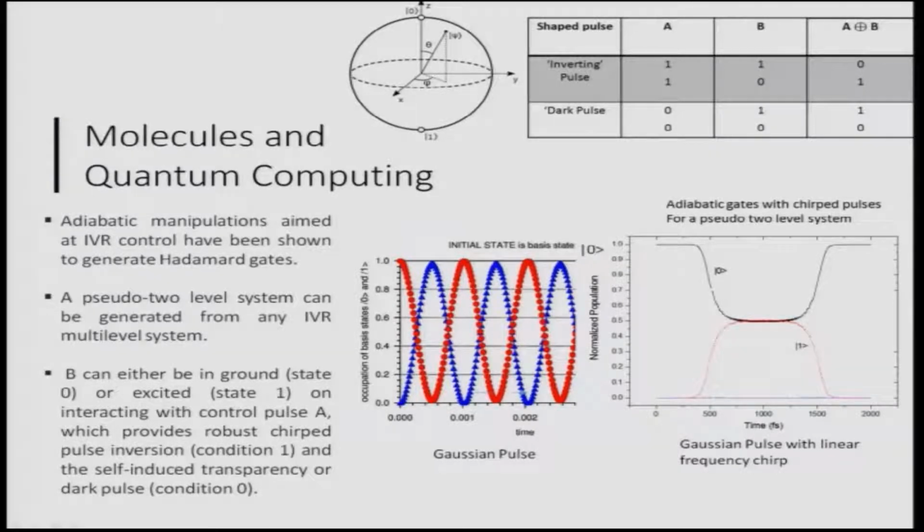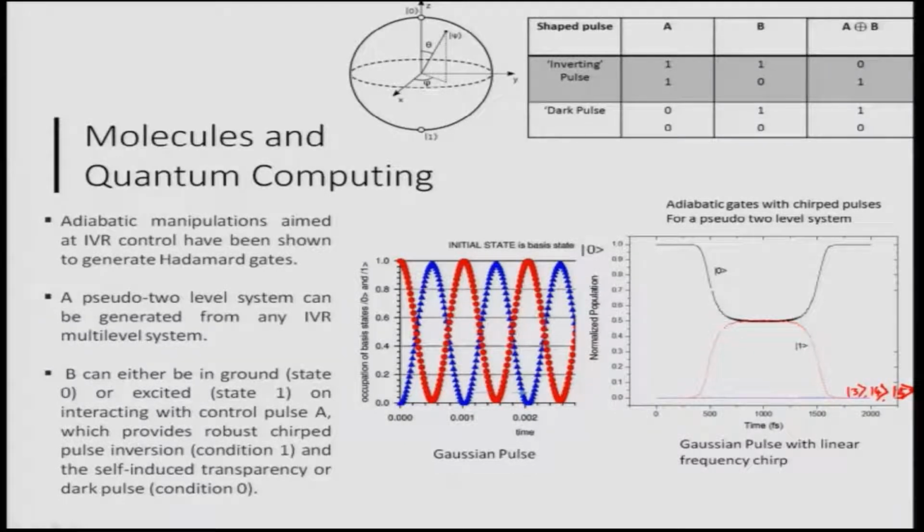A pseudo two level system can be generated from any IVR multi-level system, because we are able to turn off the interactions with the other states, which are all bunched here, and can be 3, 4, 5 for instance, depending on the number of states that have been used. The state could be either in the ground state 0 or excited state on interaction, and this is what we just described in terms of the control knob that we talked about when we interacted with the state.